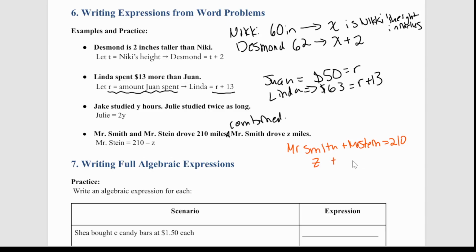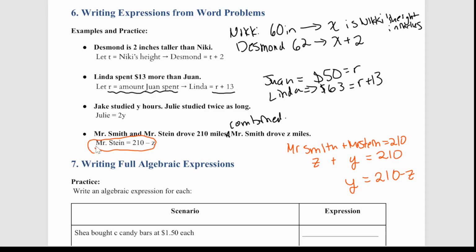Mr. Stein I could even put in a placeholder for now if I wanted, such as Y equals 210. However, I want to write everything in terms of Mr. Smith, so what do we do? Well, if Z plus Y equals 210, that means Y has to be 210 minus Z, and that's a way to think it through.